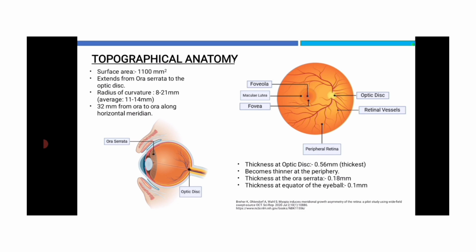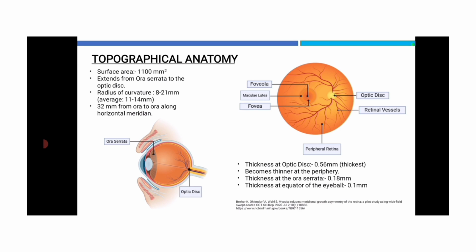The retina isn't a flat structure as we can see in the picture. It has a curvature. The radius of curvature varies between 8 to 12 mm, averaging between 11 to 14 mm. Along the horizontal meridian, it spans approximately 32 mm from one end to the other.